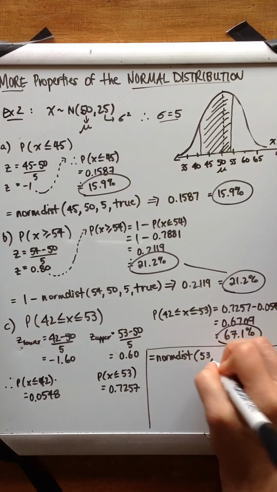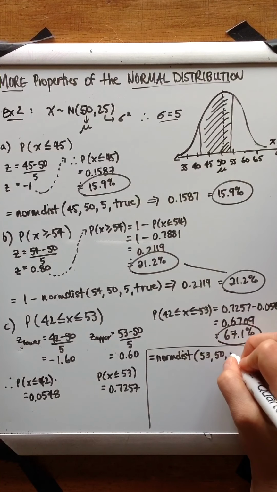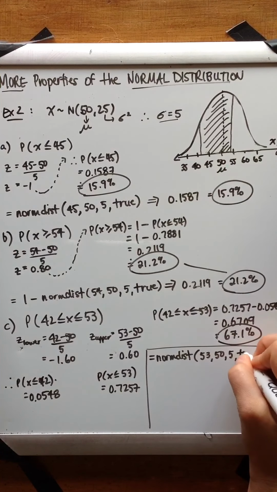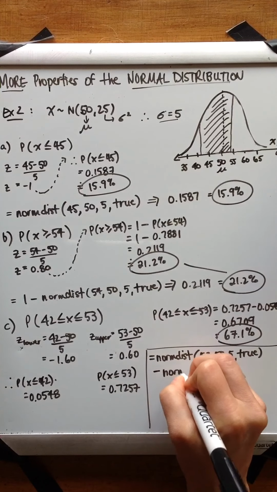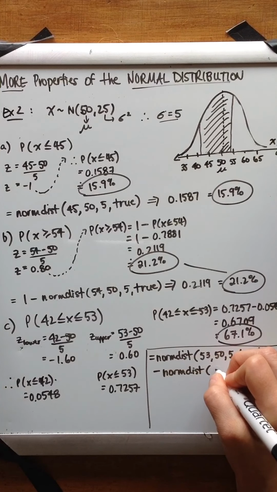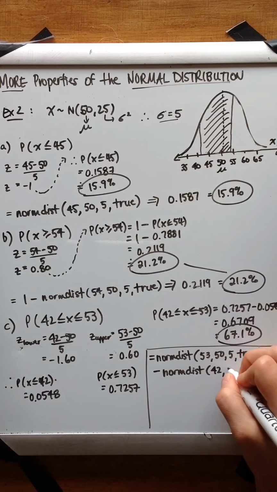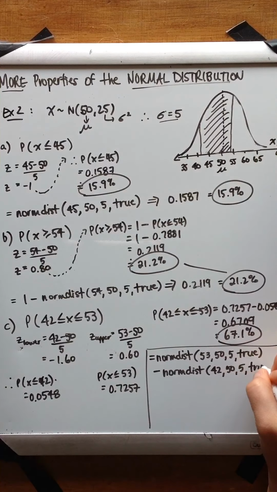So 53, mu is 50, standard deviation is 5, and we end with the word true. Okay, minus the normal distribution for when x is 42. And the mean is still 50, the standard deviation is still 5, and we write the word true.